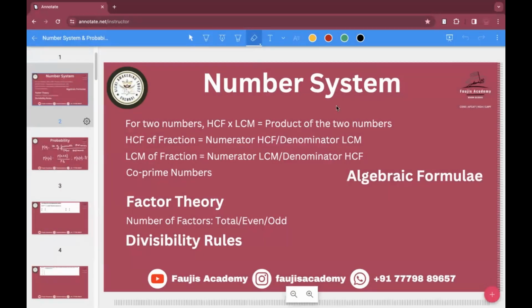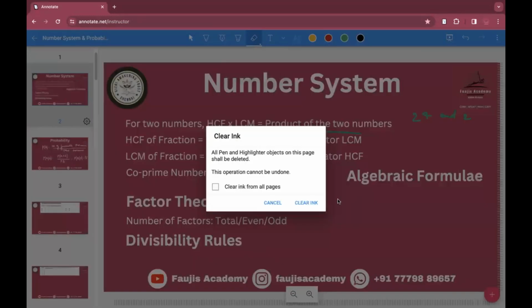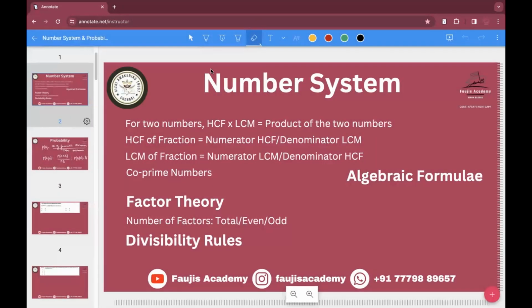There's a small concept which talks about the relation of LCM and HCF to those two numbers. We were dealing with 24 and 36. Let's make it a little easier and deal with 10 and 12.